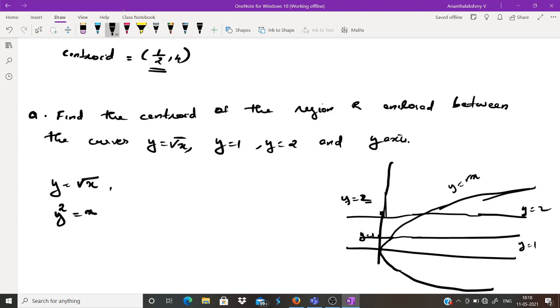So what is our area from y equal to 1? What is our region? Y equal to 1. They intersect at the point 1, 1.